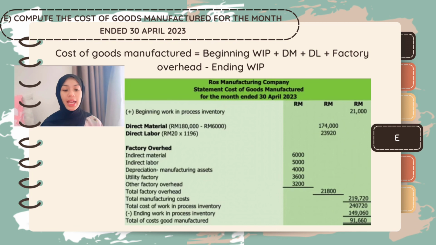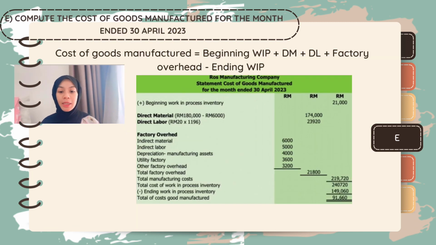1,196. Next is factory overhead that consists of indirect materials with the amount RM 6,000, indirect labor, depreciation for manufacturing asset 4,000, utility factory 3,600, other factory overhead 3,200. So the total factory overhead is 21,800.